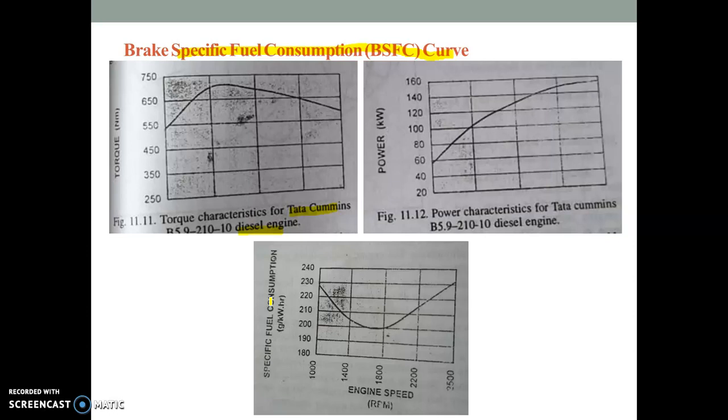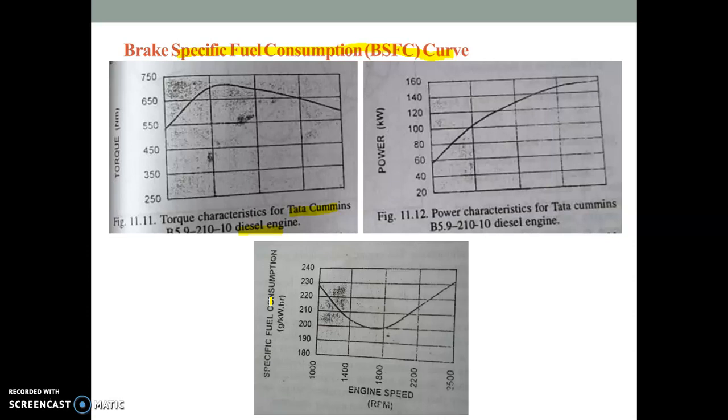Actually, in theory, the torque output should remain constant with the change in engine speed. However, due to lower volumetric efficiency at lower engine speeds, the torque produced first increases with increase in speed, reaches a maximum, and then starts decreasing on account of both decreasing volumetric and mechanical efficiencies. The engine specifications given by the manufacturer give the maximum torque value and the engine speed at which it occurs.